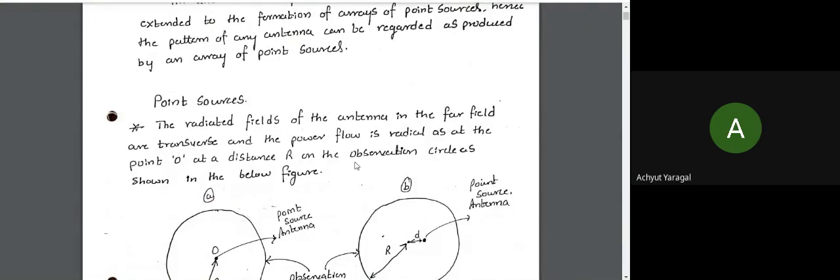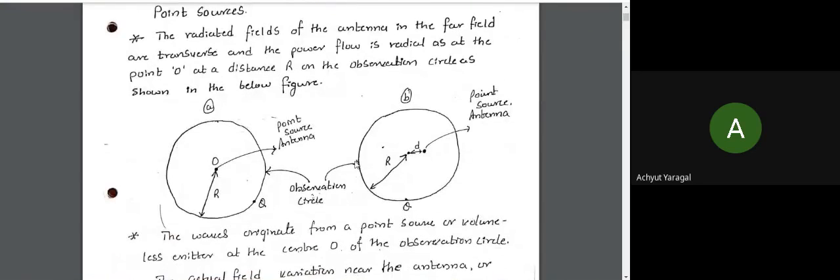Now let us discuss the very important concepts regarding point sources. You can see in the figure the point source, and the fields or energy generated by it. We have discussed the near field and the far field in the antenna basic parameters.